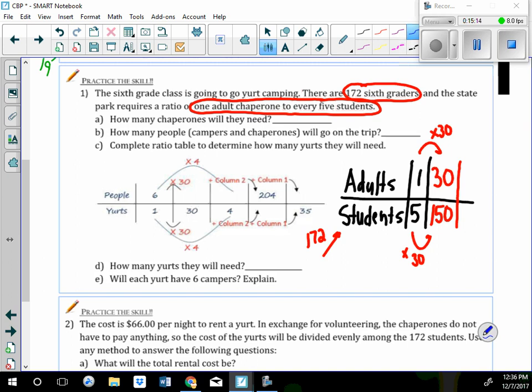So I'm going to go to my first column and multiply by 5 because I can get my number of students to 25 and my number of adults to 5. But I can get this to 25, which is close to the 22 more students that I need. Now the next thing I want to do is add together these two columns.